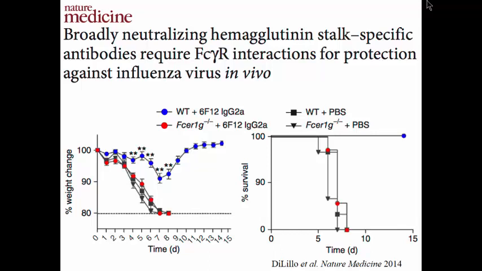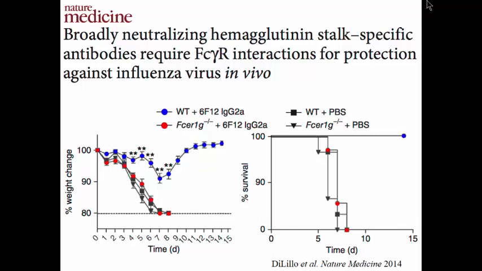We are able to show that these broadly neutralizing hemagglutinin stalk-specific antibodies require Fc receptors. We have shown this on the left side here, where the blue curve is protection with antibody against the stalk in normal mice.